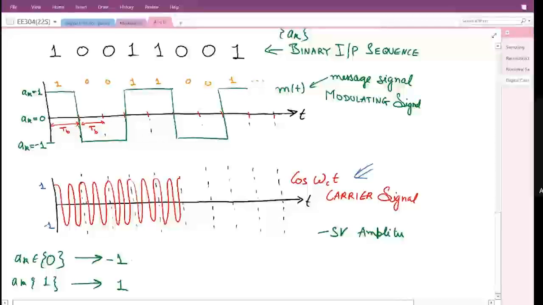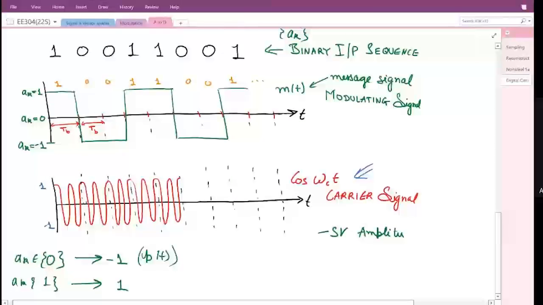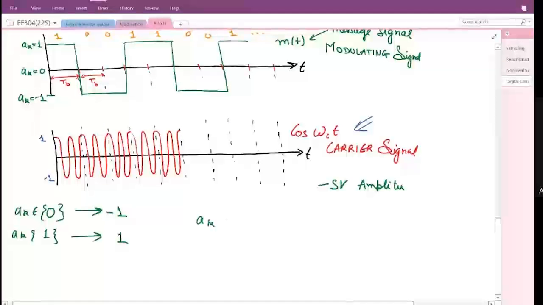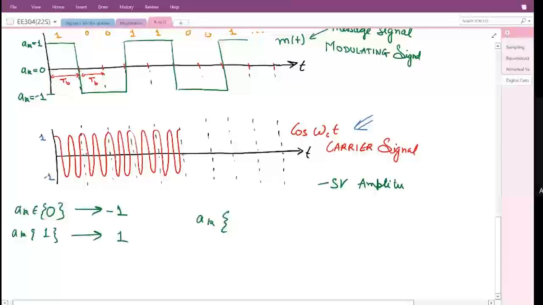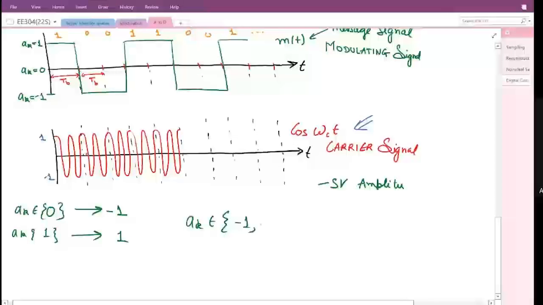So this is nothing but PT, and this is this pulse where it is negative. So let us write it mathematically. We can map AK from 0 to minus 1 and 1 to plus 1. Originally AK took values 0 and 1. Now after this mapping AK can take minus 1 or 1.